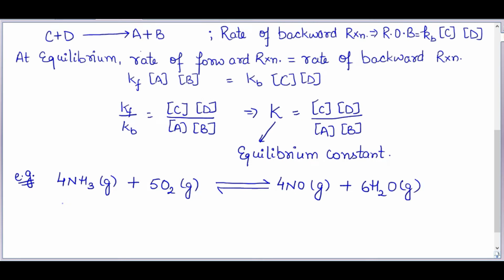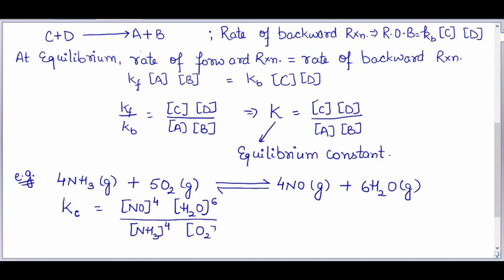So in that case K, right, and here I am taking molar concentration, that's why I have put C in subscript of K. So product NO raised to power 4, I have explained it earlier, into molar concentration of H2O raised to power 6, divided by molar concentration of NH3 raised to power 4 into molar concentration of O2 raised to power 5, right?